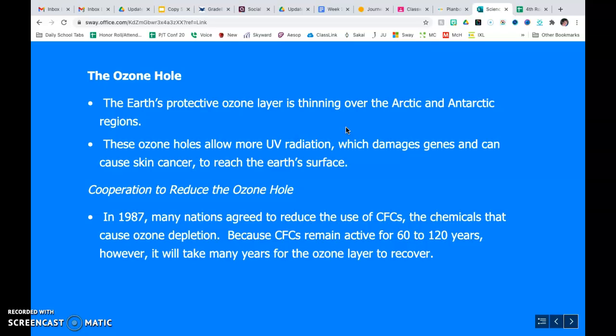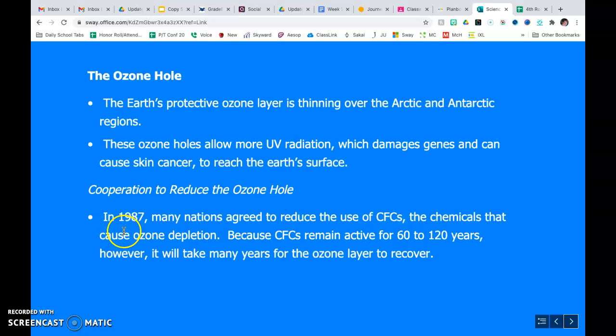And if this is truly happening, then these ozone holes would allow more UV radiation to penetrate our atmosphere, which we now know damages your genes and can cause skin cancer. So it allows those rays to actually reach down to Earth's surface and affect us.